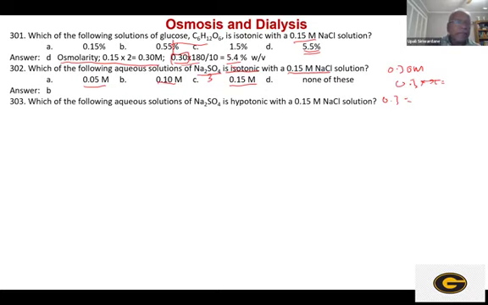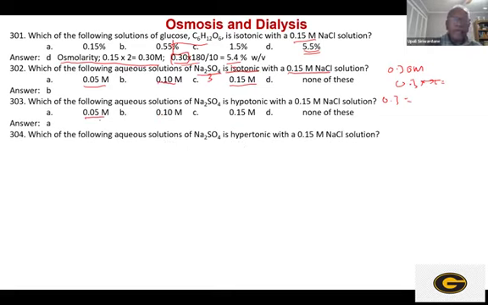Which of the following solutions are hypertonic? That's A is the correct answer. This is an isotonic solution. This is a hypertonic solution.